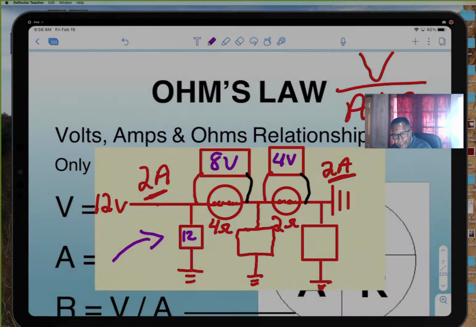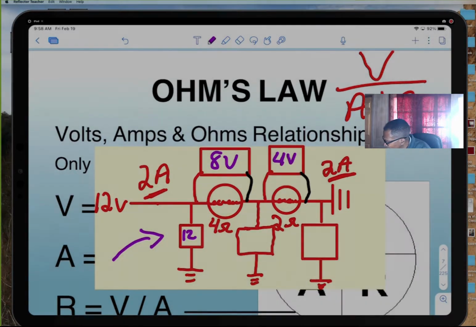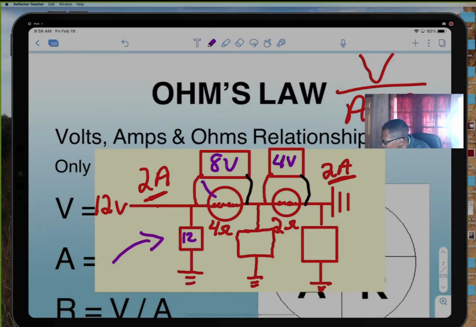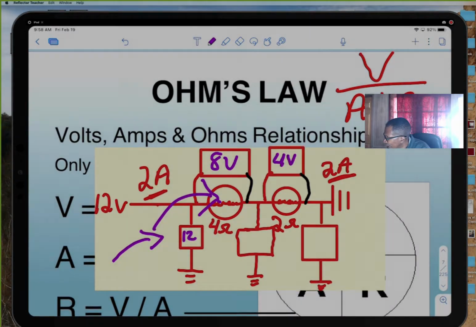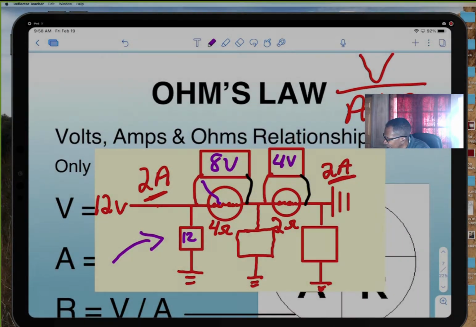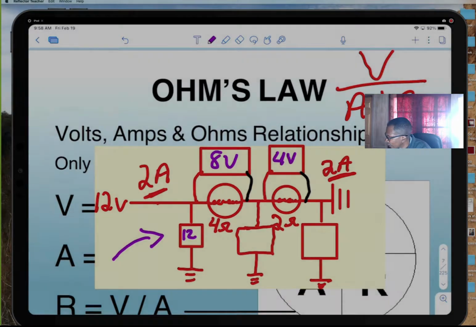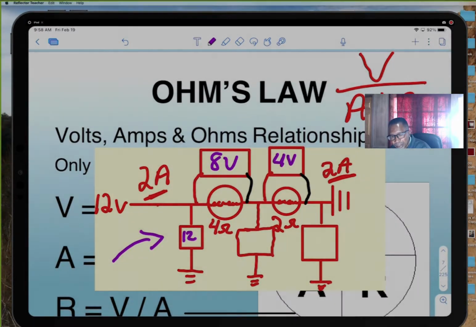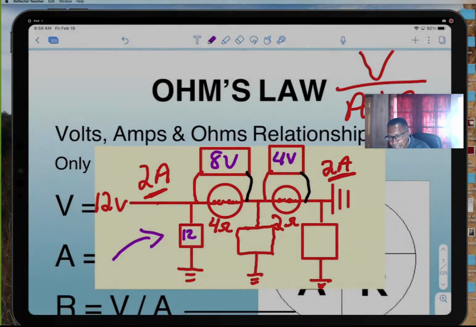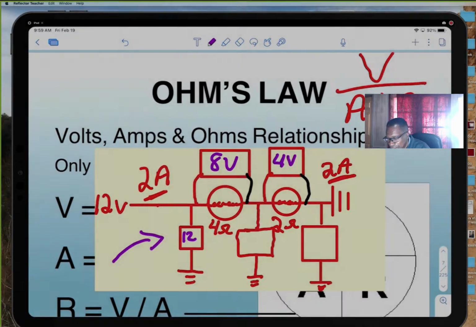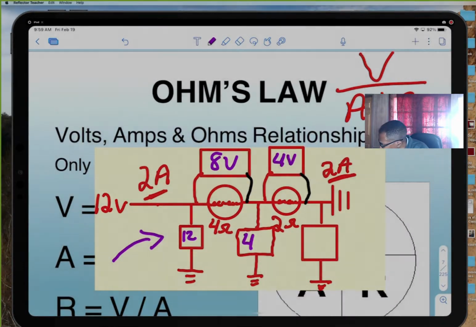Now keep this in mind. This first load used up how many volts? 8, exactly. So if it used up 8 volts, how much is coming out of it? Well, 12 went in, it used up 8. How much coming out? 4, exactly.